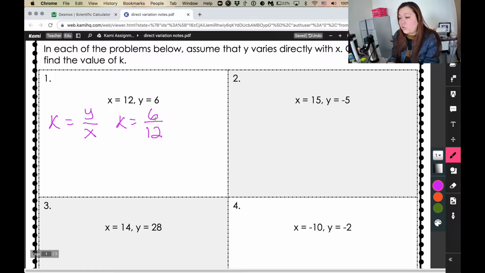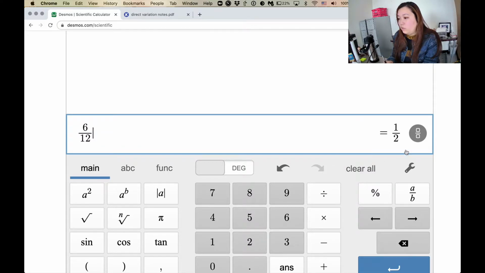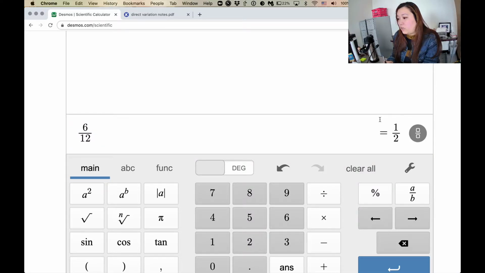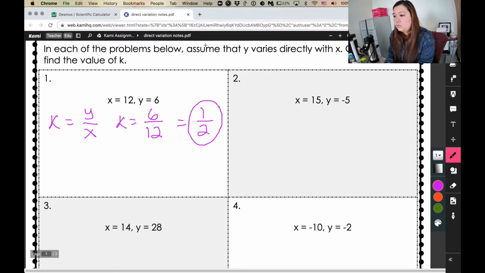The nice thing is, if you don't know how to do this on your own, you can just type this into the Desmos calculator. When you type in 6 over 12 and you hit the fraction button, it will reduce the fraction for you into its simplest form. So in this case, it's 1/2. So this just becomes 1/2, and that's our answer. Okay.